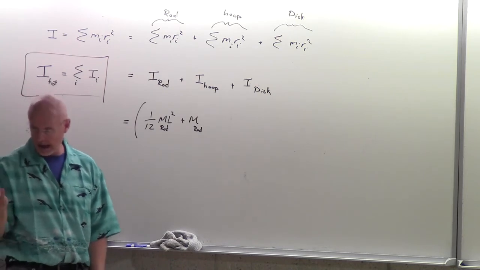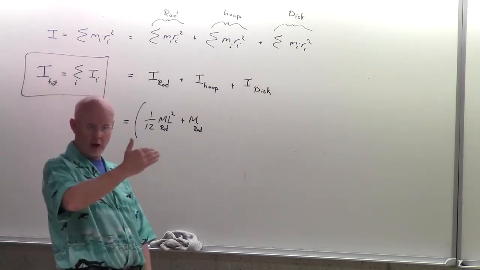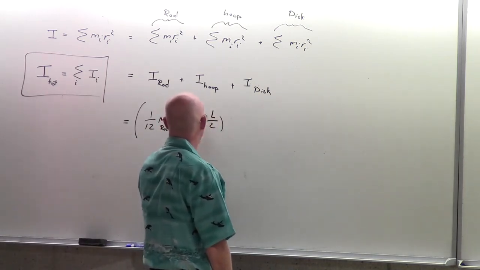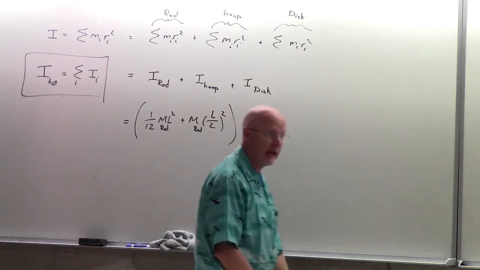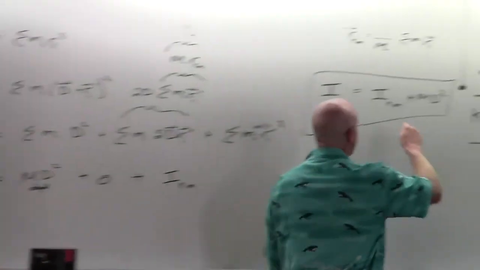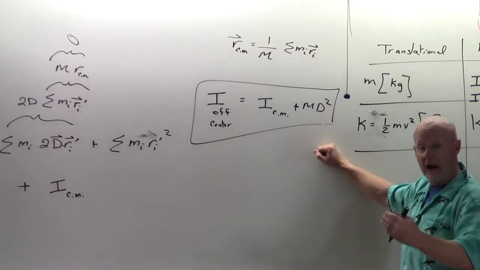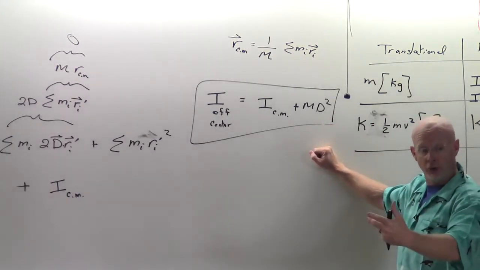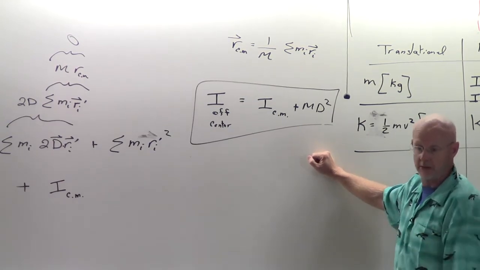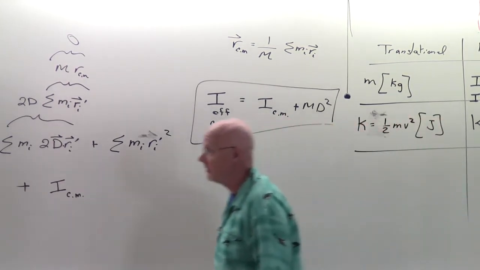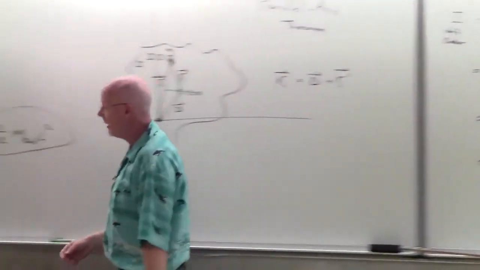Yeah, half of L, right? Half the length of the rod. So I'm going from the center all the way to the end. So I'm going to put L over 2 and square it. So that's my capital D in this. And that's why we went through this derivation. What is capital D? Capital D is how far did you move from the center? And so now I have the whole piece from the rod.